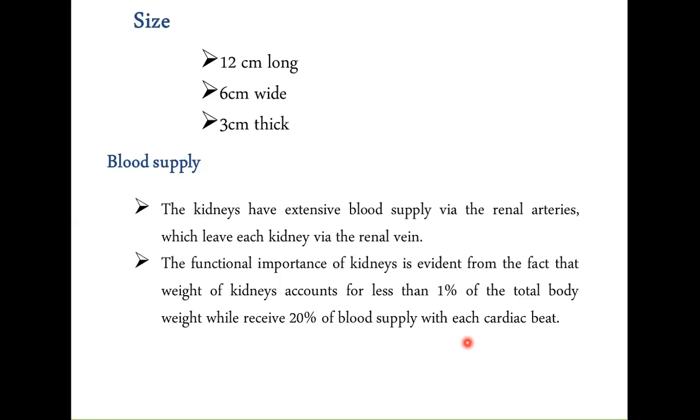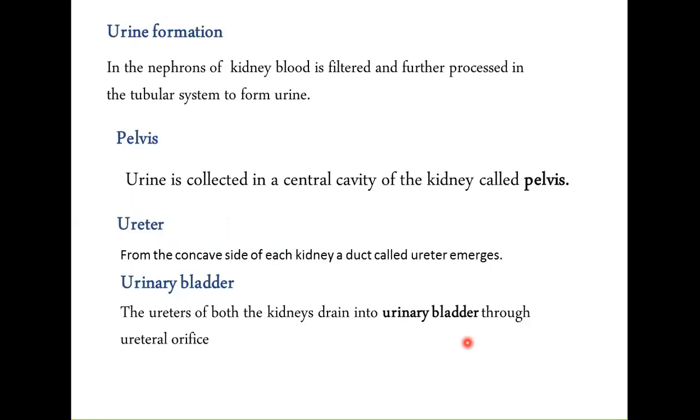The functional importance of kidney is evident from the fact that each kidney receives 20% blood supply during each cardiac cycle, although its weight is only 1% of the total weight of the body. जैसा कि मैंने बताया, function of the kidney is filtration of blood and then processing of the filtrate to form urine.